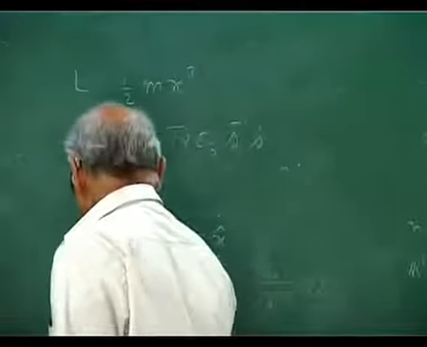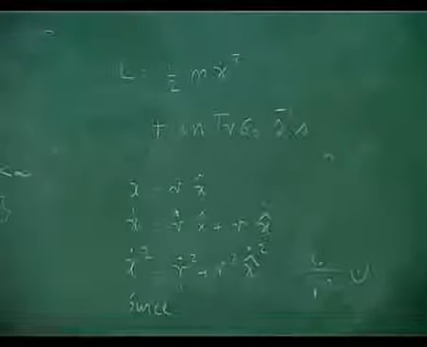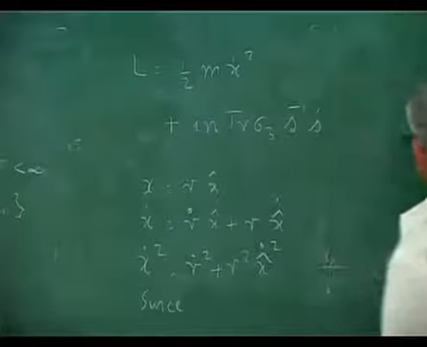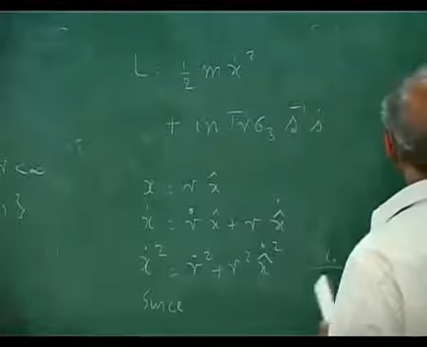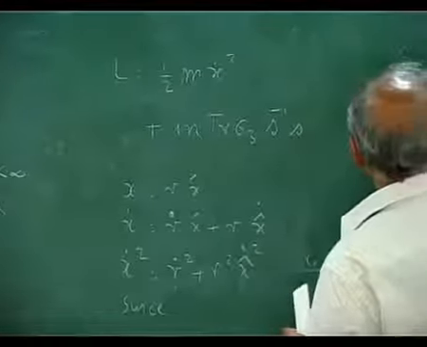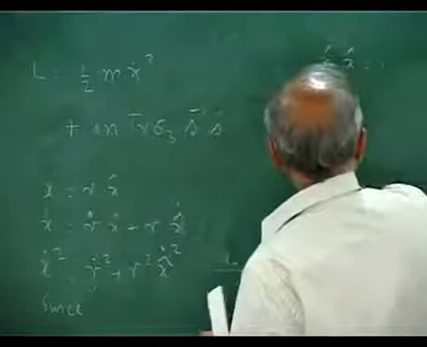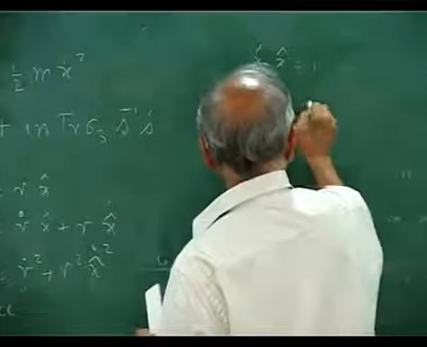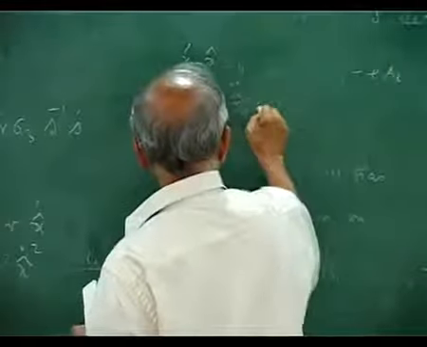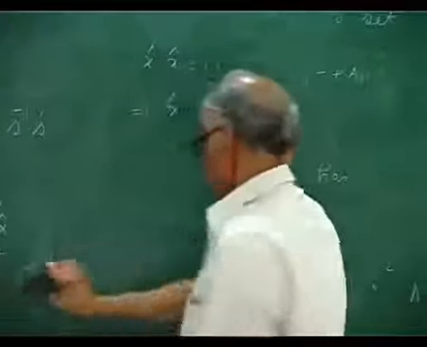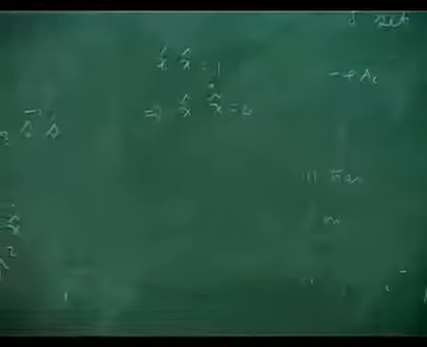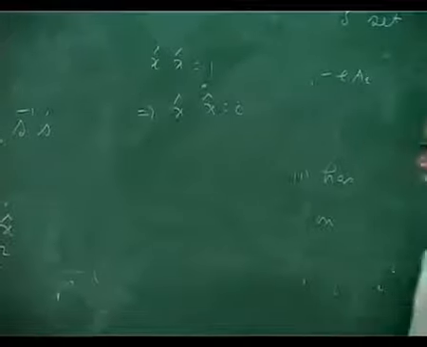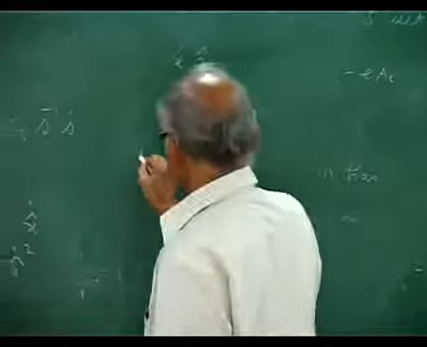since by differentiating the normalization, that is x hat dot x hat equal to 1, implies x hat dot x hat dot is 0. Now I put it here just to understand this Lagrangian.